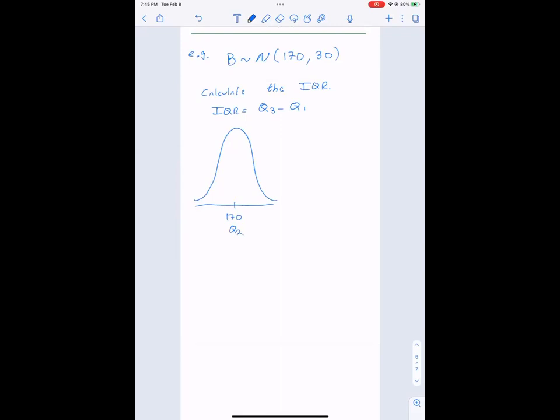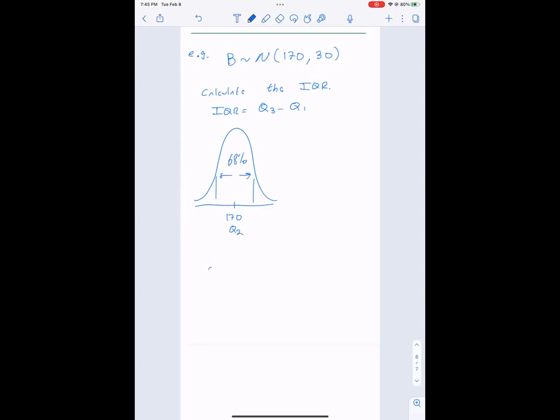Okay. So would you just add 30 and subtract 30? Yeah. 30 to the left and 30 to the right gives me what percent? 68%, correct? But isn't the IQR the middle 50%?